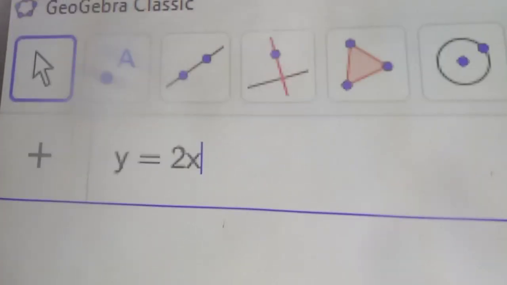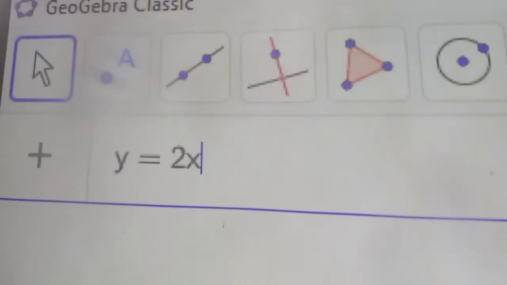Okay, now let's use algebraic ways to explain how definite integrals mean evaluating the area under the graph of the given function. Let me give you an example of y equal to 2x.